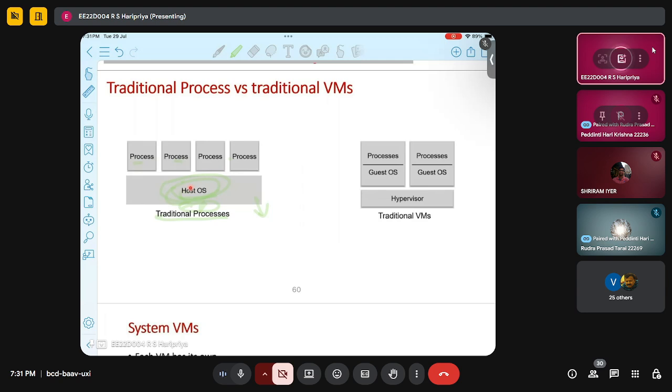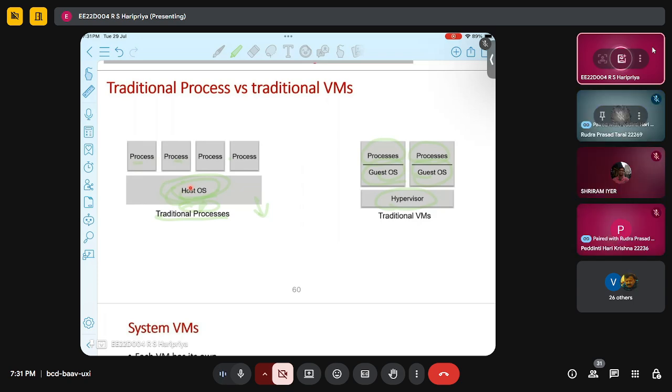So this is one extreme of the spectrum, and at the other extreme are traditional virtual machines. The hypervisor will be on top of the hardware, with virtual machines, which we will call guest OS 1 and guest OS 2, and on top of that similarly some processes running.